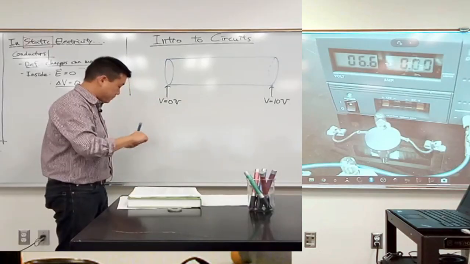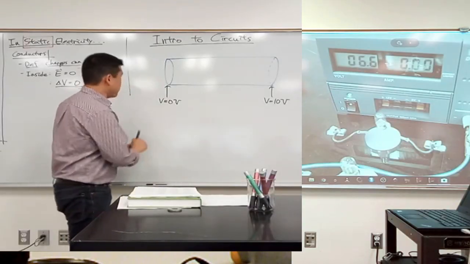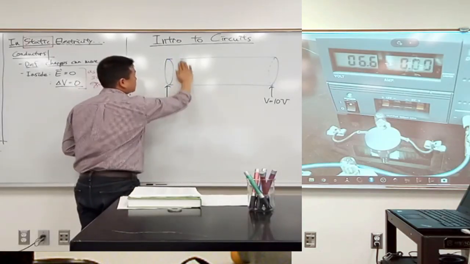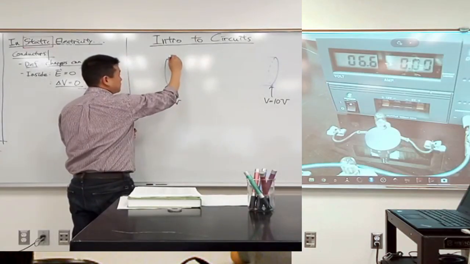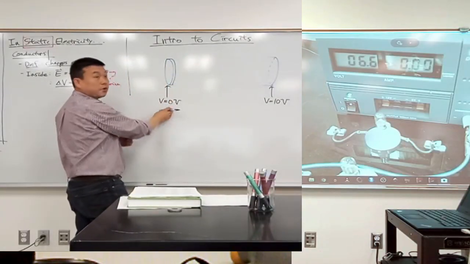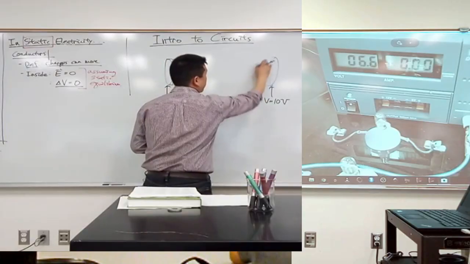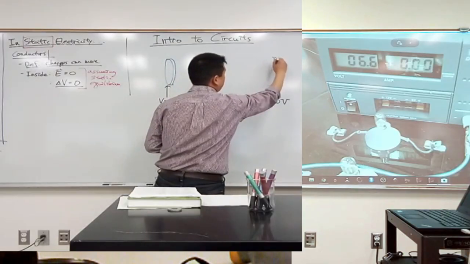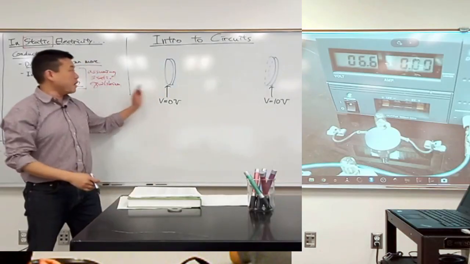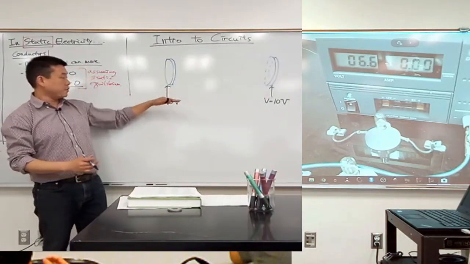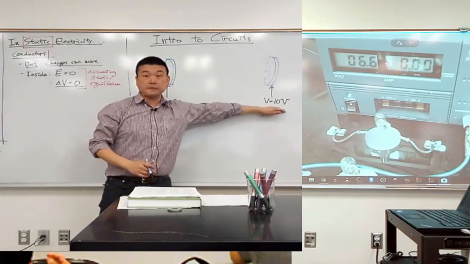Imagine that instead of this being a conductor, this was like the capacitor setup, where I have a plate on the left that's charged to 0 volts, and a plate on the right that's charged to 10 volts. If there wasn't a conducting path, what would putting this voltage difference mean?